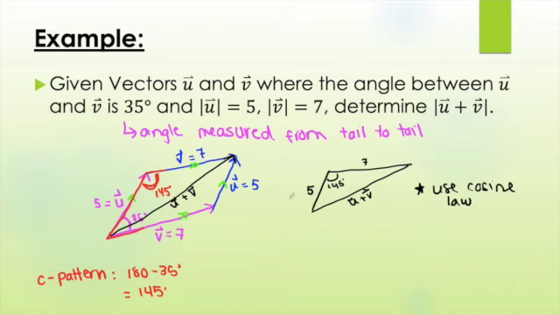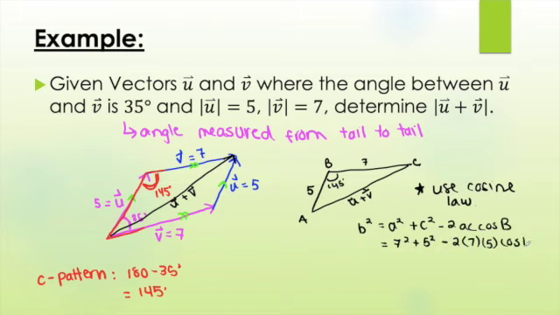Okay, your cosine law, if we label this, let's go, this is A, this is B, and this is C. You're going to find side B, so we're going to go B squared equals A squared plus C squared minus 2AC cos of B. Okay, so A squared is going to be 7 squared plus C squared, which is 5, minus 2 times 7 times 5, cos of 145 degrees, because that's what angle B is.